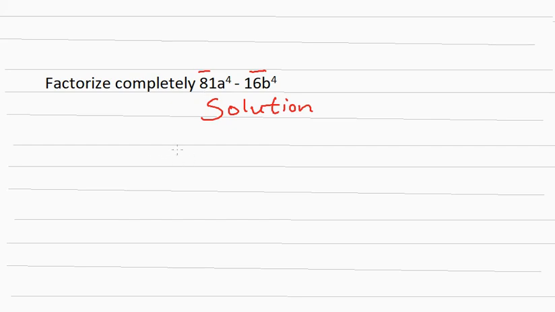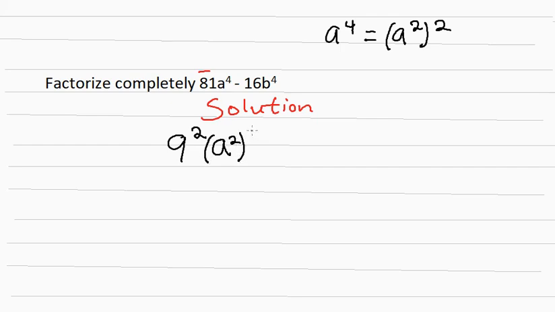If I want to express 81 as a square, 81 is 9 squared. A raised to the power 4: if I want to express it as a square, a to the power 4 is the same as a to the power 2, all squared.